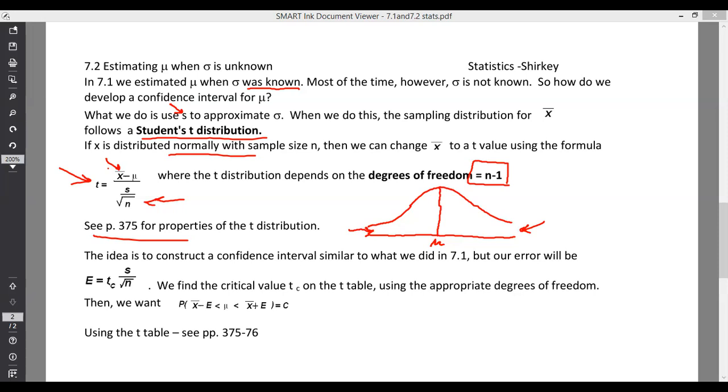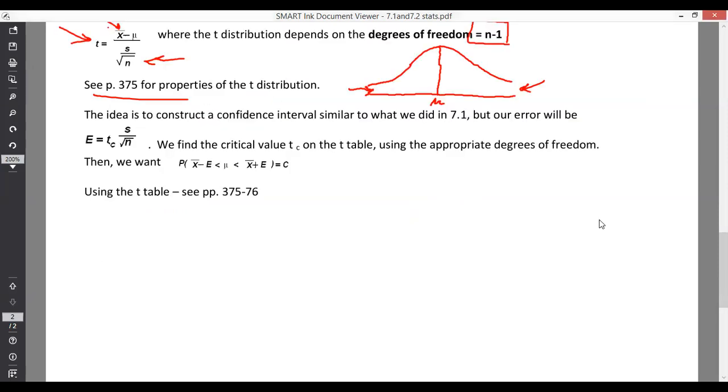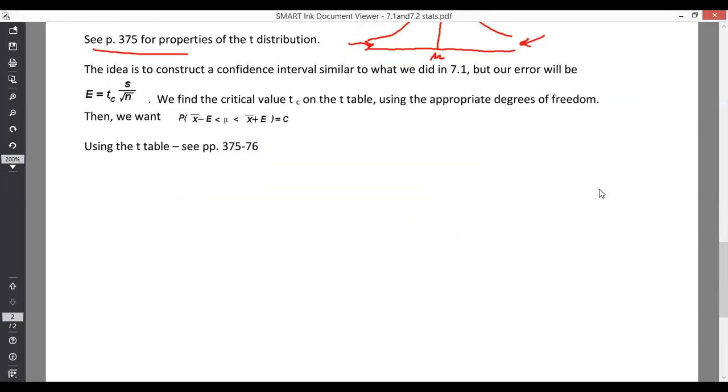I'll mention those properties, and then you can take a look in your book at page 375 for other properties. So the idea here is to construct a confidence interval similar to what we did in 7.1, but instead of our error being z sub c times sigma over the square root of n, our amount of error is t sub c times s over the square root of n.